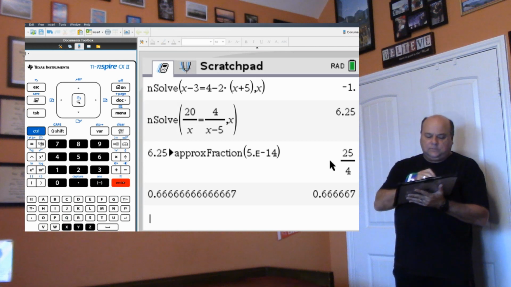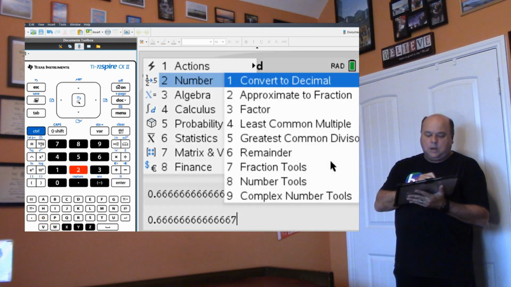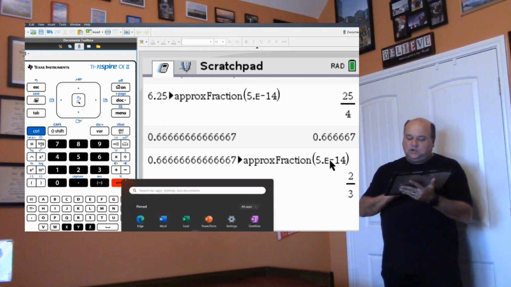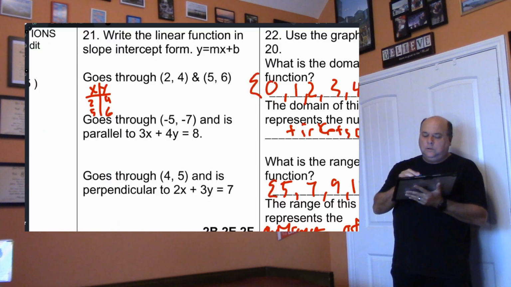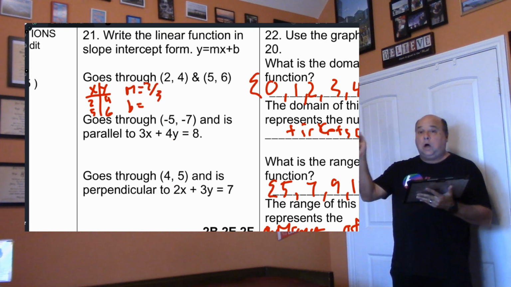I'm sorry, I didn't do that right. Hit Control V again. And then menu, number, approximate to fraction, hit enter. It's 2/3. So my slope is 2/3. So put m equals 2/3. And b was also a big decimal.